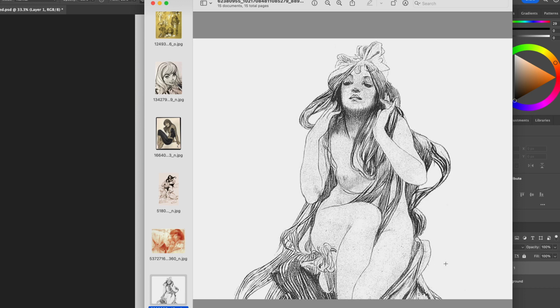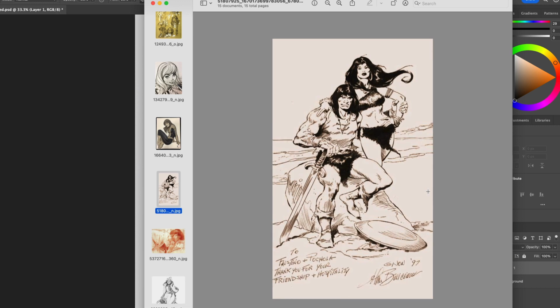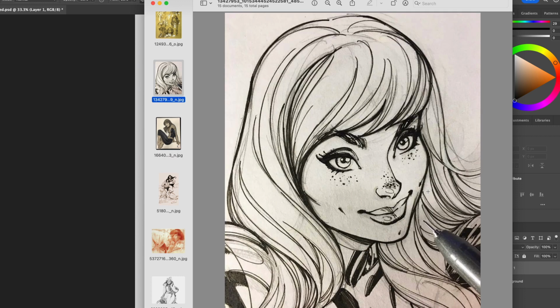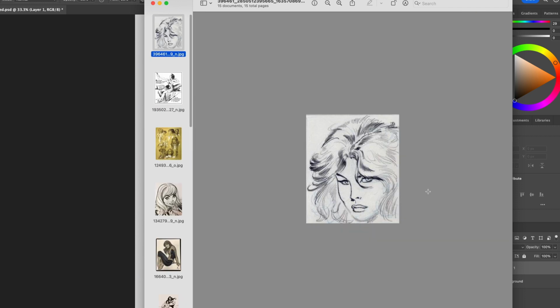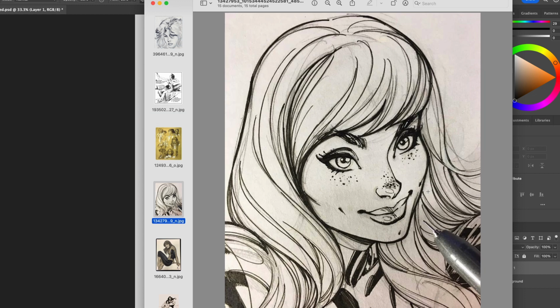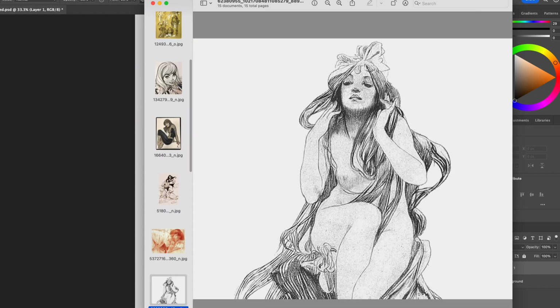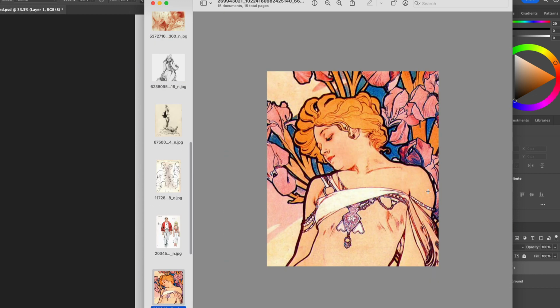So I'm going to take you through some basic things that I think might be helpful, and I'm going to show some examples. I'll get back to these examples that I pulled up. These are some people that I thought do hair very well. So I'll come back to this in a bit.